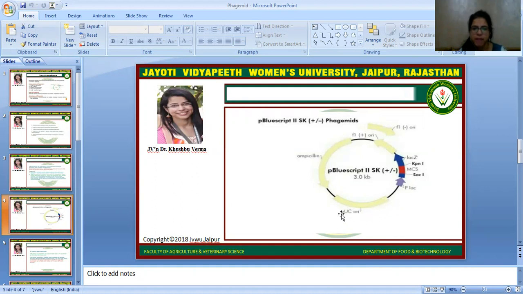This region has the pUC vector origin of replication, and this is the multiple cloning site, MCS, which is present in the lacZ region, and it has SacI, KpnI. These are restriction sites, and the length of pBluescript II SK is approximately 3 kilobase pairs.